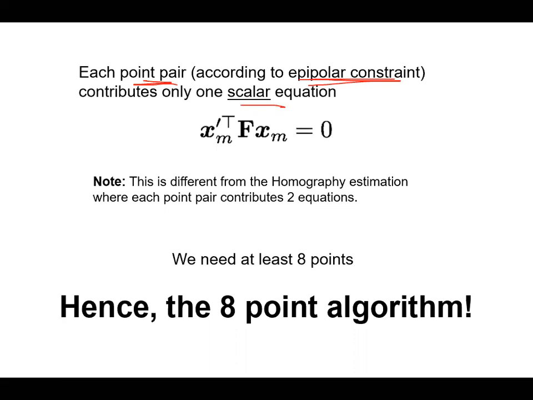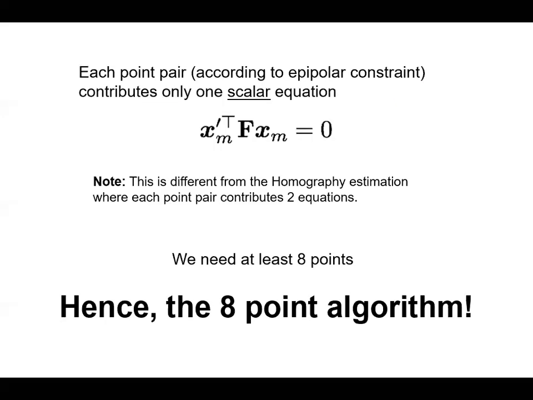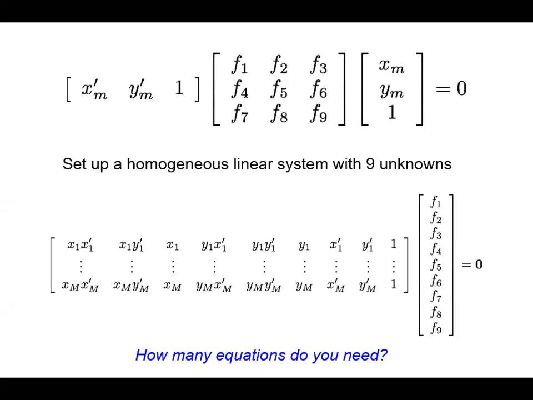So now I have what they call the 8-point algorithm. I have to have 8 correspondences in order to solve that. From here, it's again just A multiplied by x is equal to 0. Correct? Because this is what I have, A multiplied by x equal to 0. How can I solve for x?